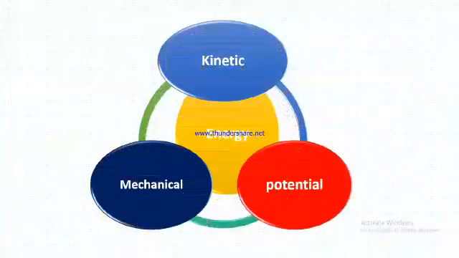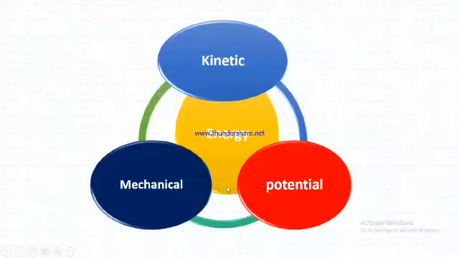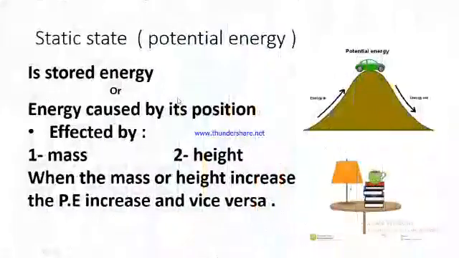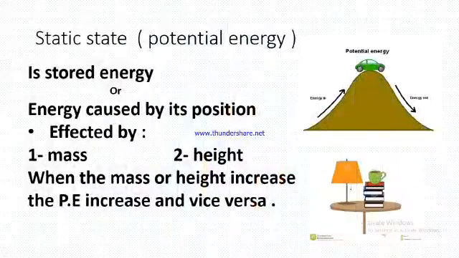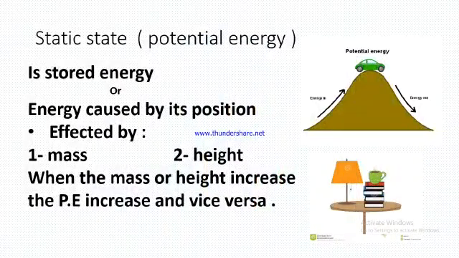We have 3 main types of energy, which are kinetic energy, potential energy, and mechanical energy, and there are relations between them as you see here. We're gonna start with the first type, which is potential energy. What is the meaning of potential energy?